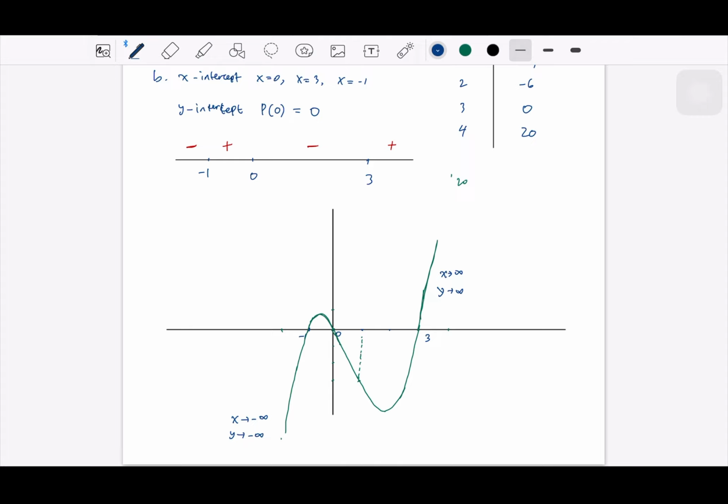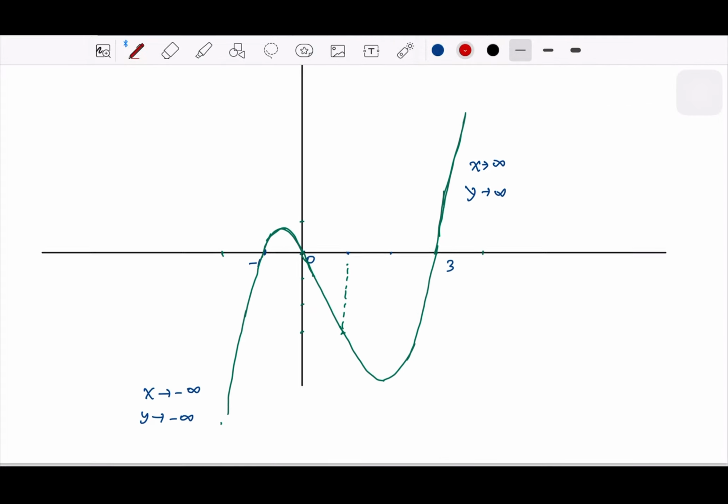Okay, now we are going to continue. If we look at the last examples we did, and remember the maximum or minimum value on the quadratic functions, we can also see that polynomials have their own maximum and minimum values.